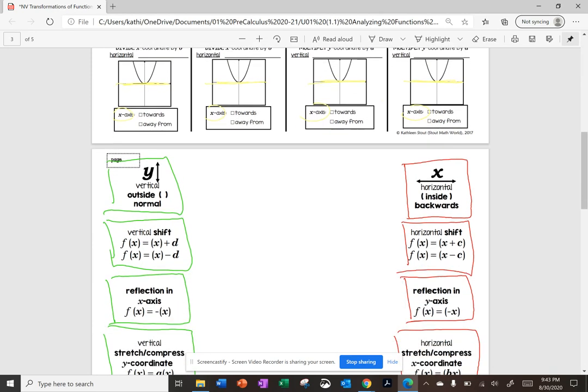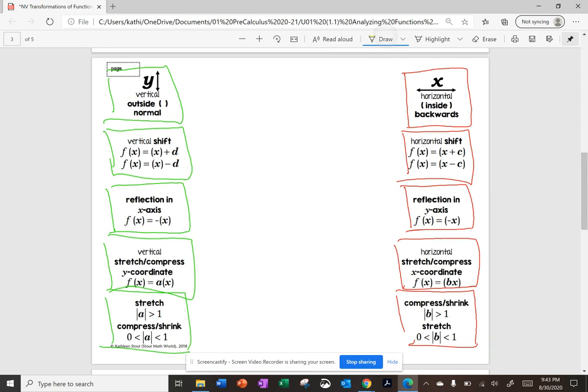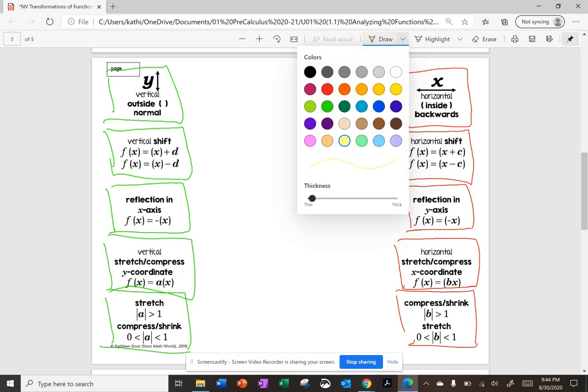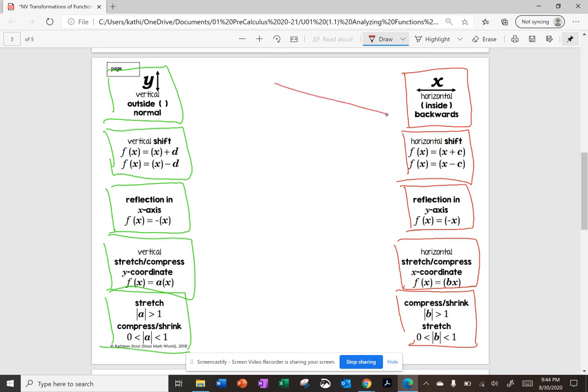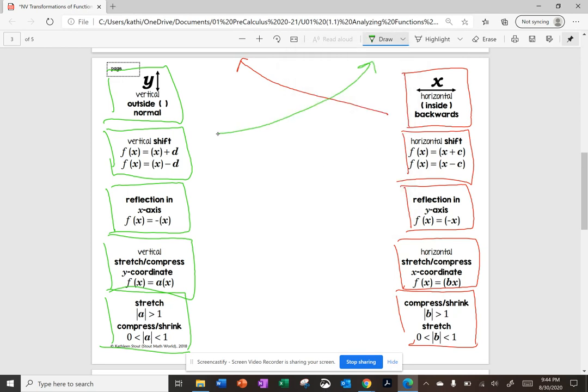If I look at what the outside is, I have my horizontal and my vertical. I just want to make sure that I understand that these are mirrored. So the X is really this side of the inside of the foldable, and the Y is this side of the inside of the foldable.